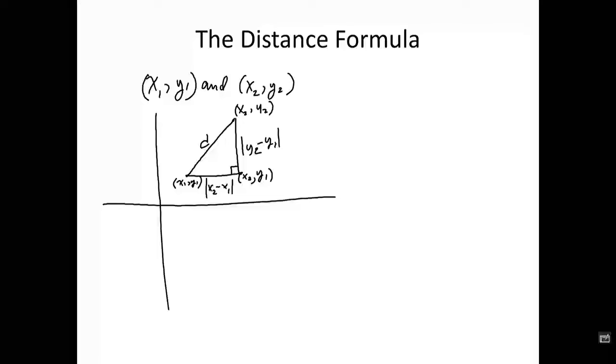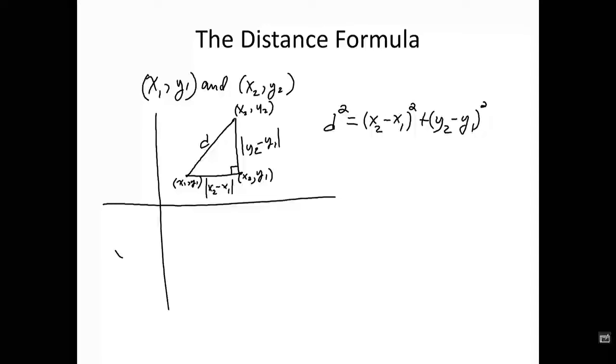And now, if I want the distance between the 2 points, it's just a matter of using the Pythagorean theorem because this is a right triangle. So therefore, I can write that d squared, the hypotenuse, is x2 minus x1 squared plus y2 minus y1 squared.